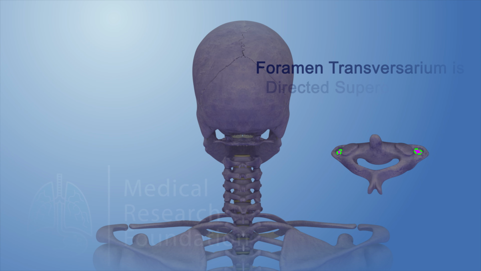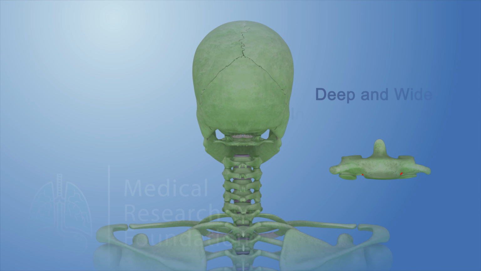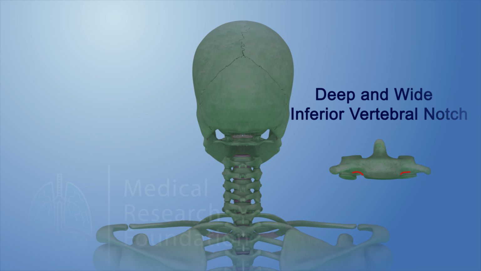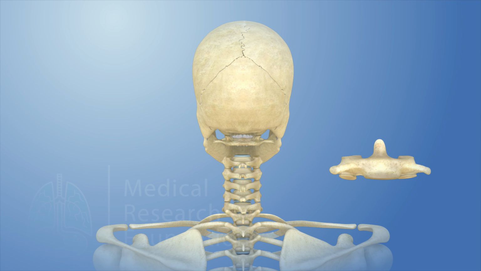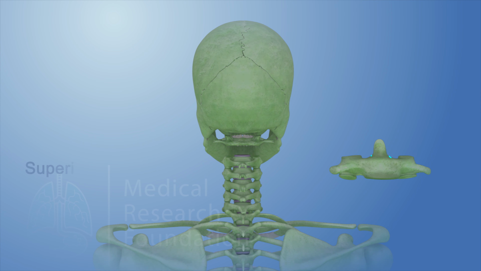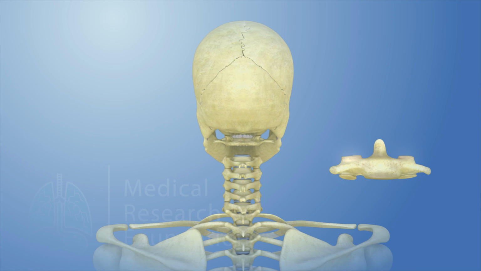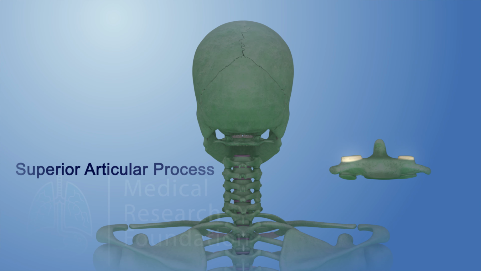Foramen transversarium is directed superolaterally. Inferior surface presents a deep and wide inferior vertebral notch, placed in front of the inferior articular process. The superior vertebral notch is shallow and is present behind the superior articular process.